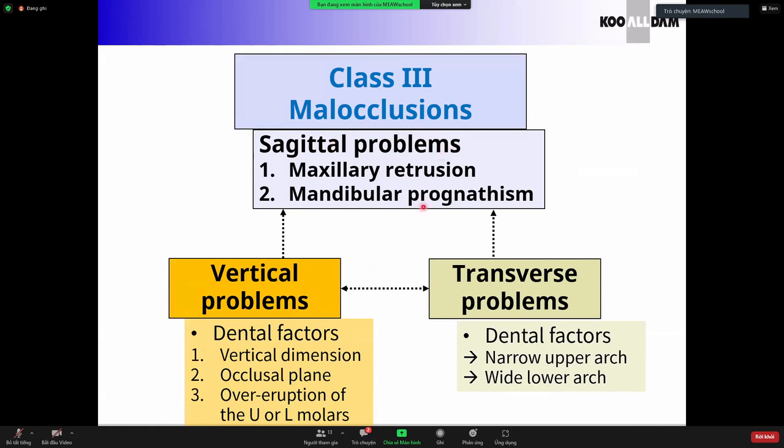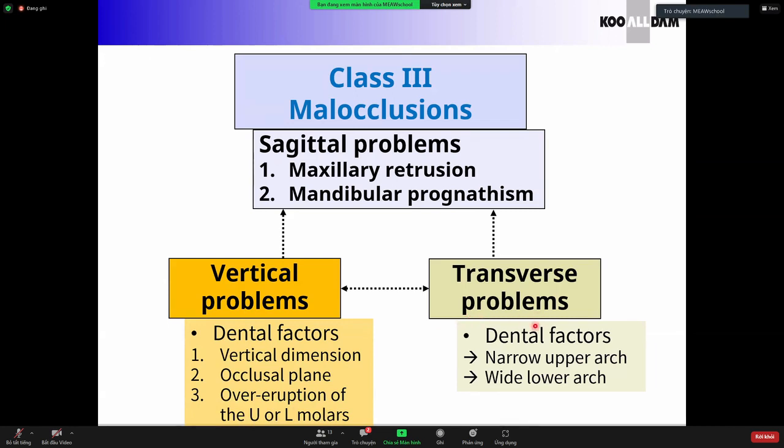So we want to divide two factors, maxillary retrusion or mandibular prognathism. And also we can check the vertical problem. The vertical problem is from dental factors. Dental factors are vertical dimension and occlusal plane and over eruption of upper and lower molars.